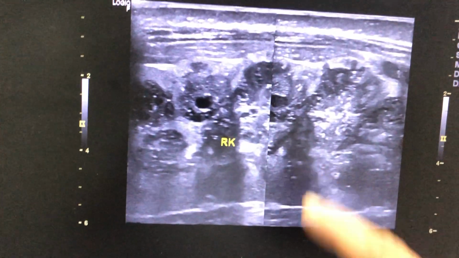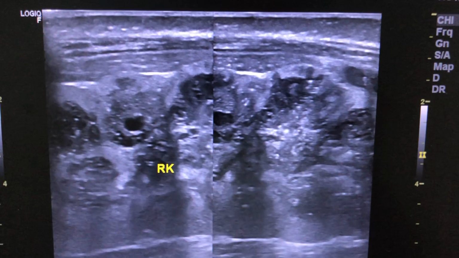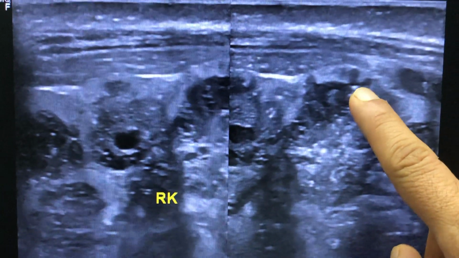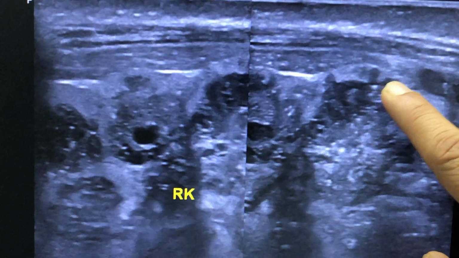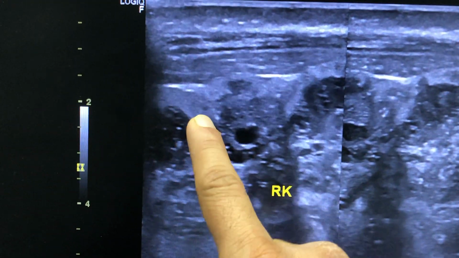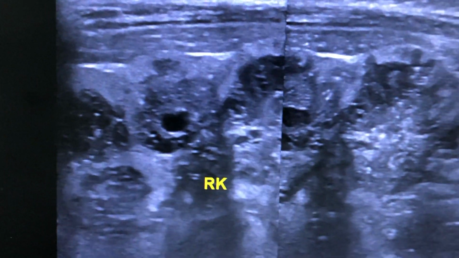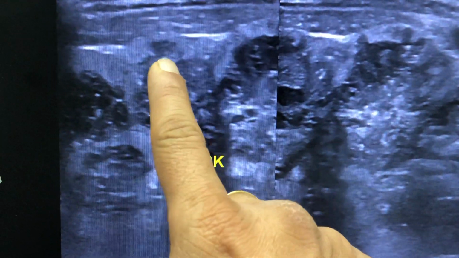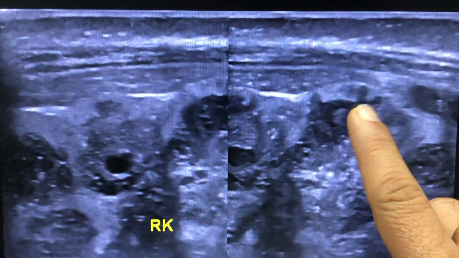Second thing, this is the cortex, and if you see carefully, there is this wedge-shaped hypoechoic area. This hyperechoic is the cortex, but the cortex is of altered mixed echogenicity, hyperechoic and hypoechoic, and these are very fine findings.